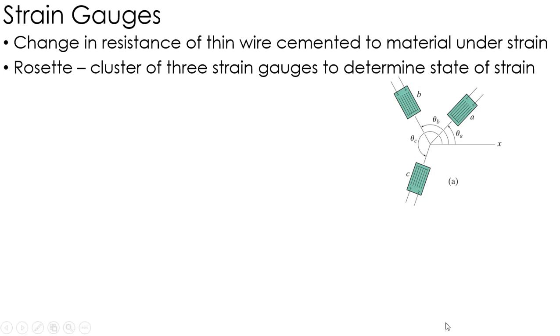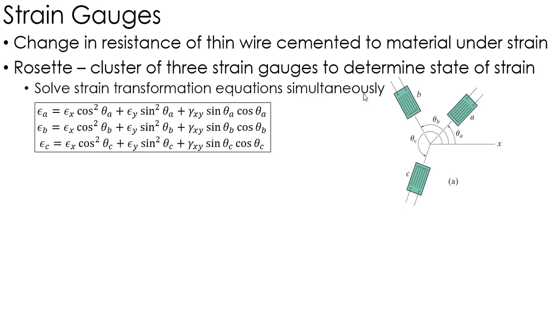So we set up these strain gauges at known angles from one another. Then using the values of those strains, I can actually develop the state of strain that I have at that point. And I do this by basically solving the strain transformation equations simultaneously.